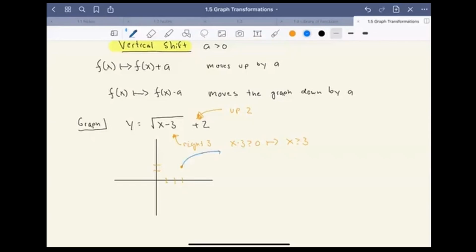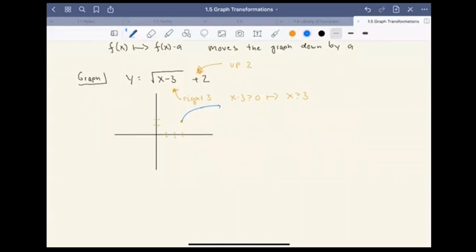Okay? MyLabs Plus actually has that tool where you will just click on the square root function, and then it'll ask you how to shift it. Okay? Take a look at another.